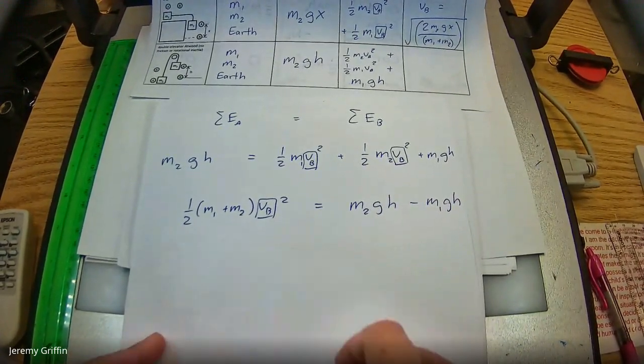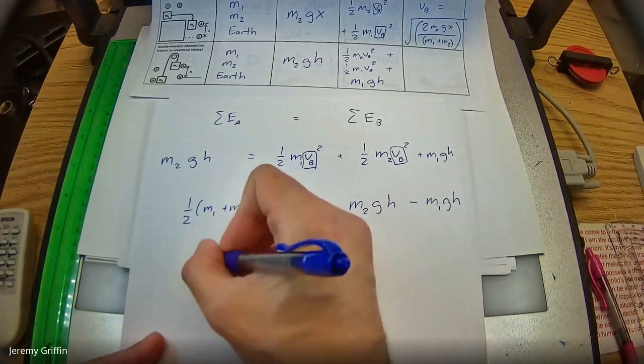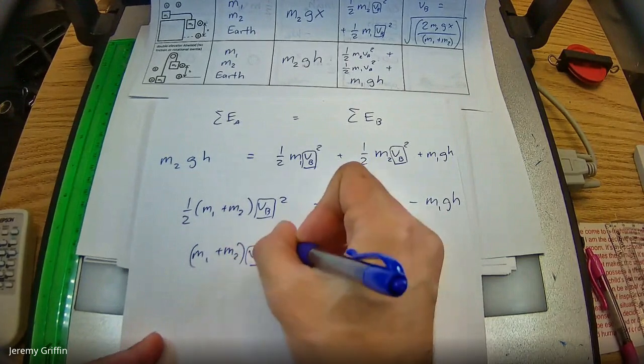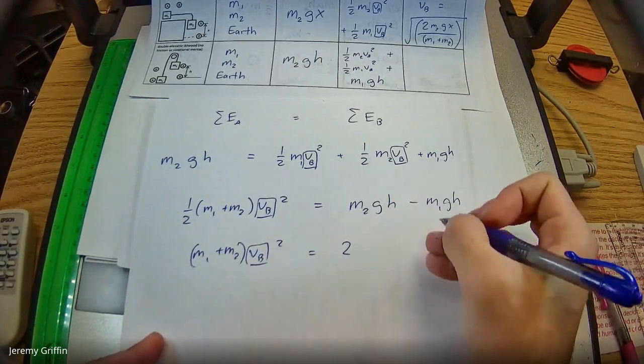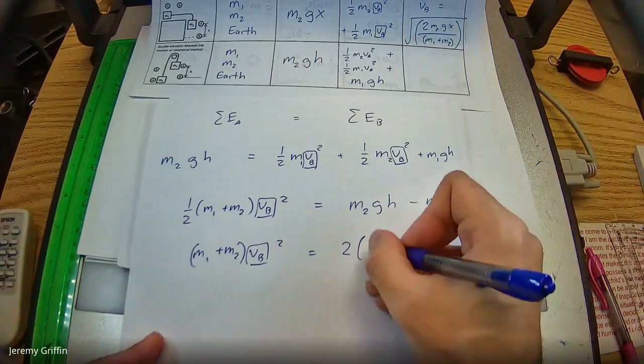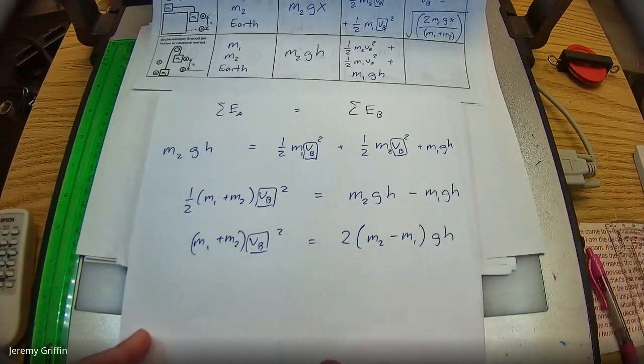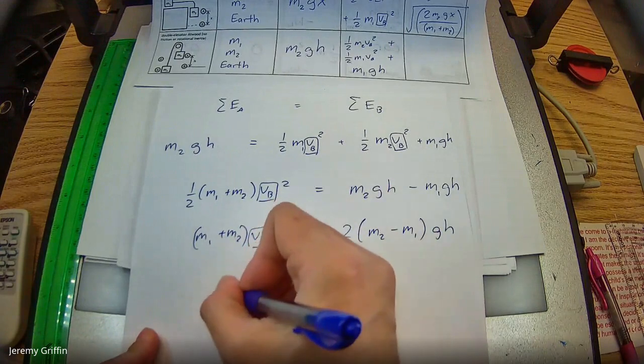Then multiply both sides by 2. I could factor out a GH, too, couldn't I? So maybe like difference of masses, GH. Divide both sides by the sum of the masses.